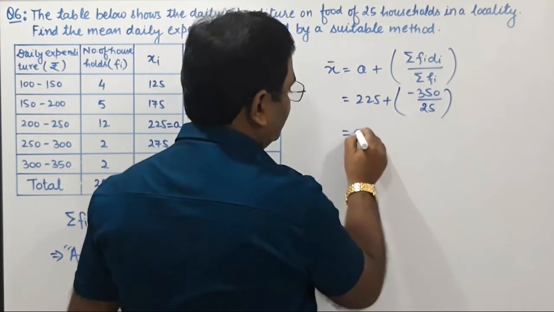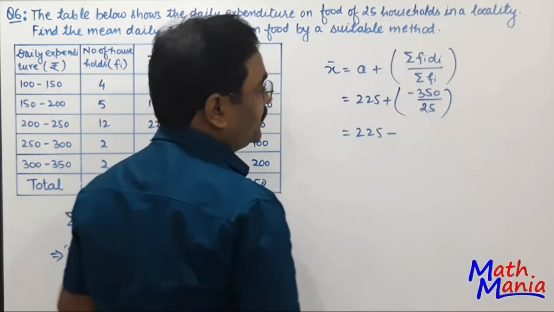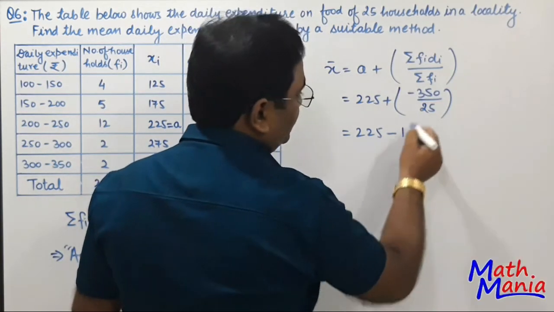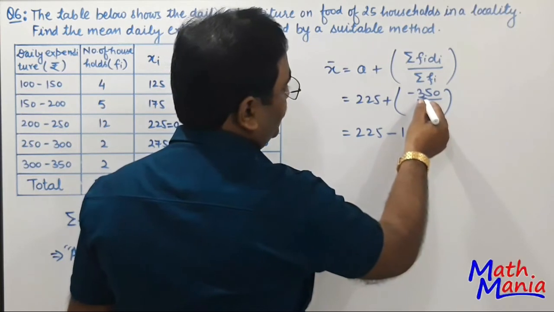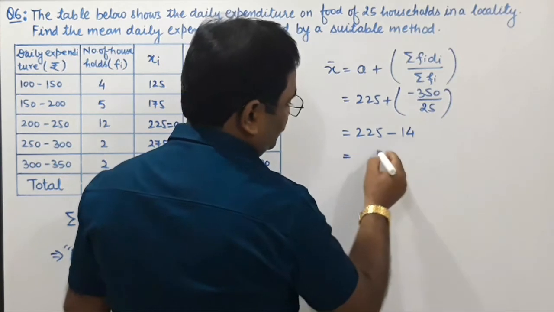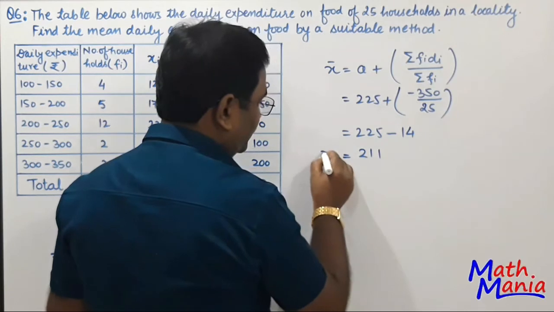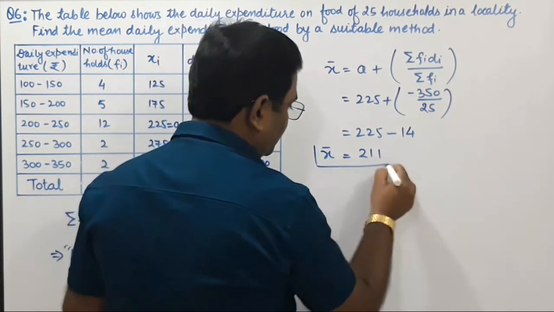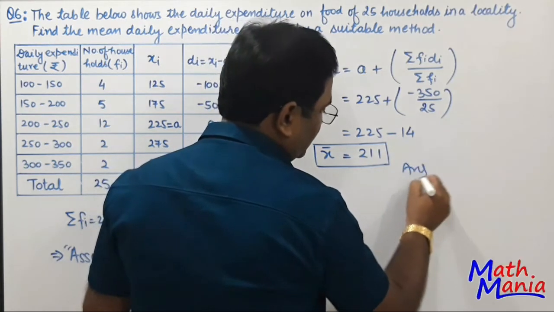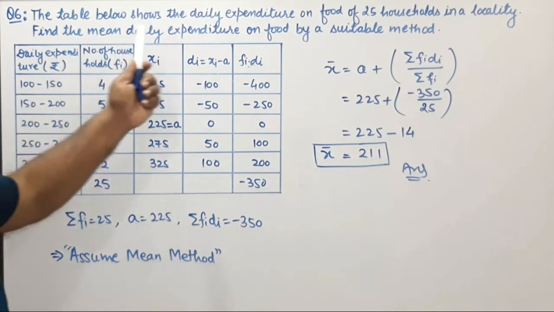Let's simplify it. 225, plus into minus is minus. 25 ones are 25. Then 10 is remaining, 25 fours are 100. So we will get 211 as the mean of the given data. Our required answer is the mean daily expenditure.